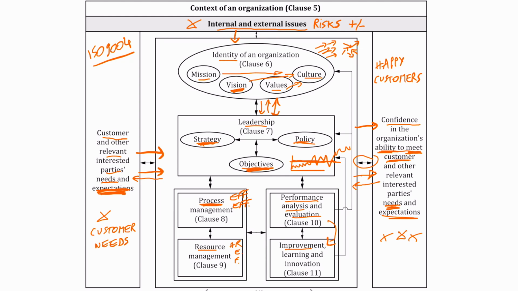Meaning that we need to get feedback from the customers also and keep improving. Maybe we have some issues, need to work on improvement, maybe we're not tracking the right objectives, and so on and so forth.